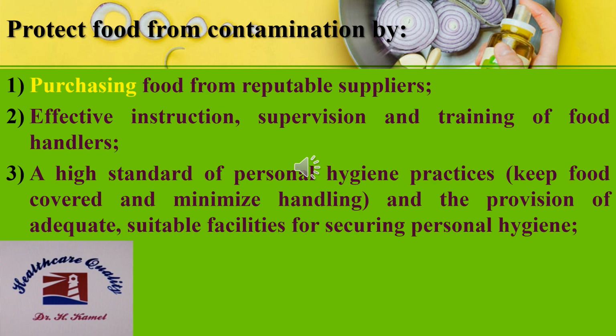To protect food from contamination, we start by purchasing food from reputable suppliers. Effective instruction, supervision, and training of food handlers. A high standard of personal hygiene practices, keeping food covered and minimizing handling, and the provision of adequate suitable facilities for securing personal hygiene.